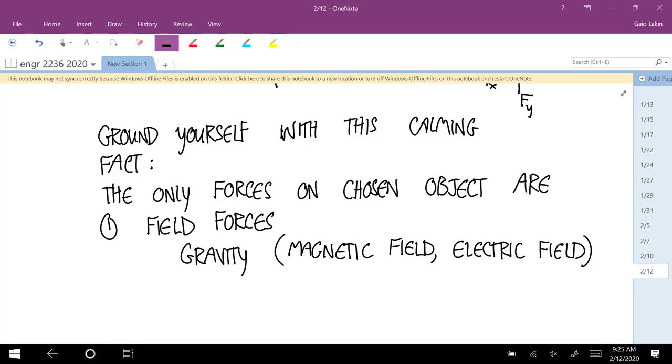But that's what field forces are. It's like a force waiting there for it: gravity, magnetic field, electric field. Distributed loads just mean that the force is spread out over some area. So you can have a friction force that's a distributed load, but it's not a field force.